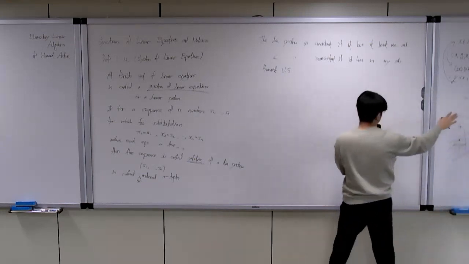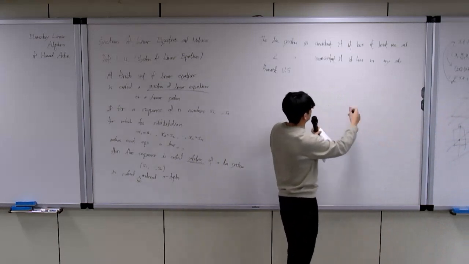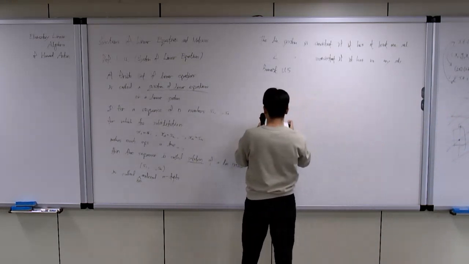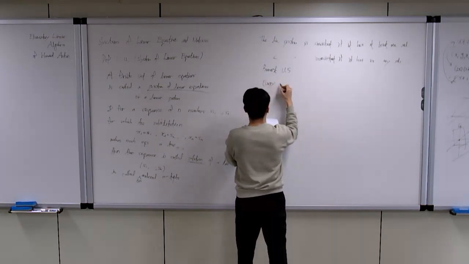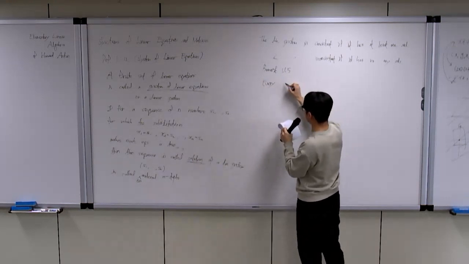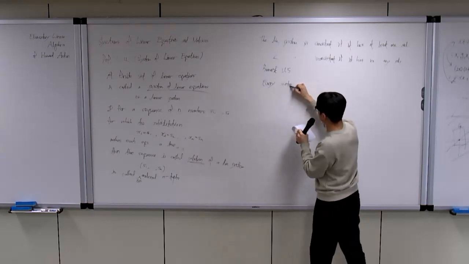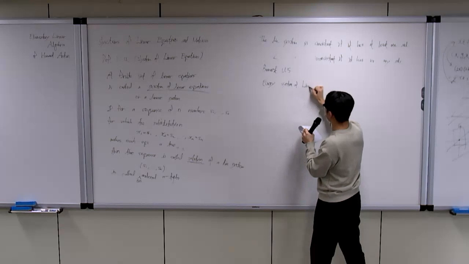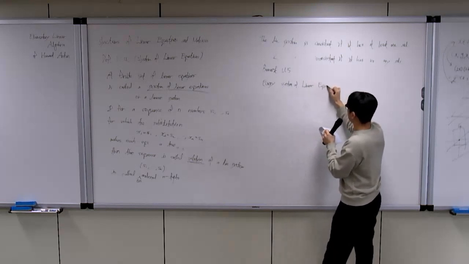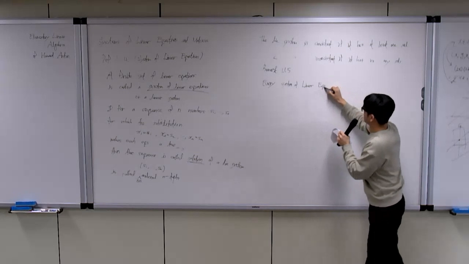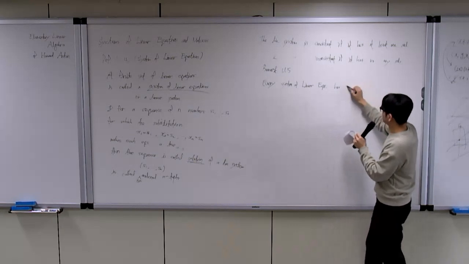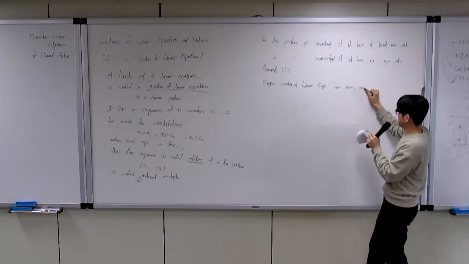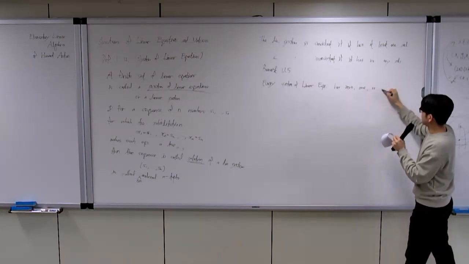So in this sense, we can see the fact that every system of linear equations has 0, 1, or infinitely many solutions.